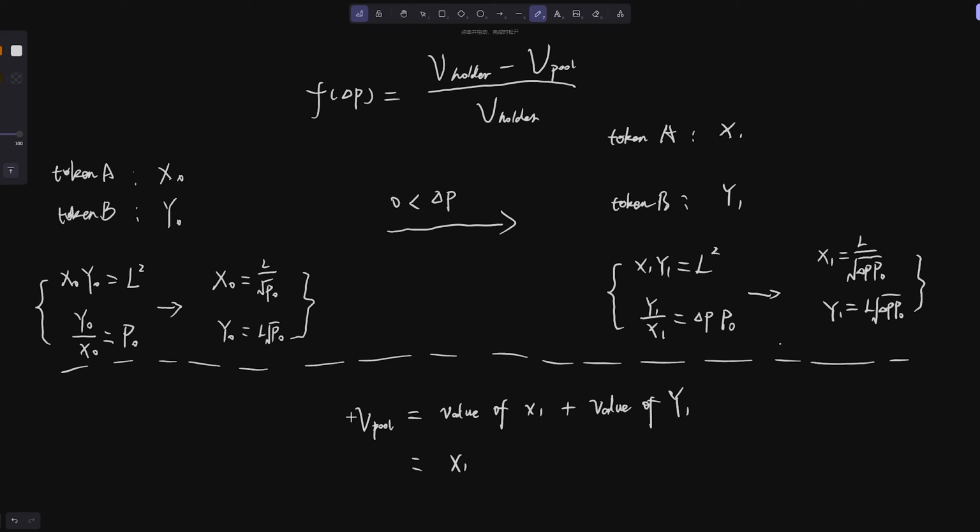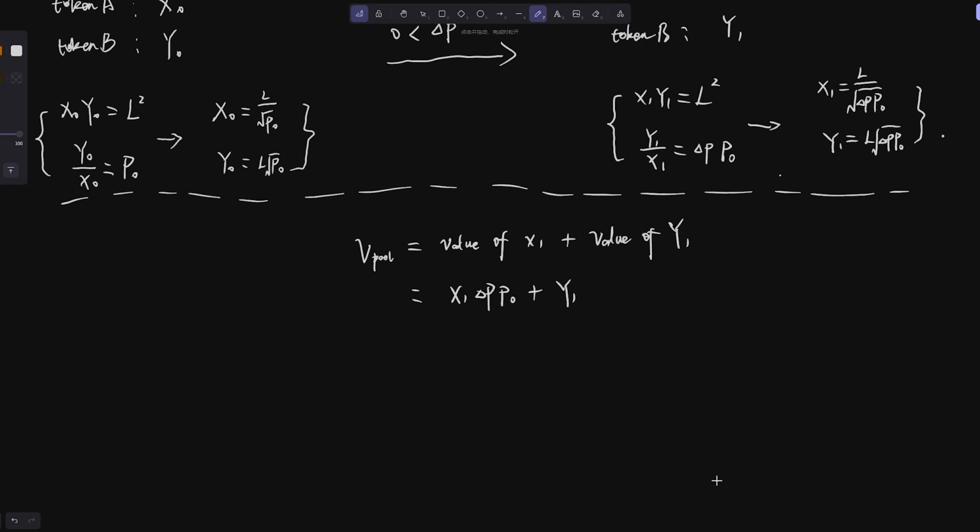The value of x1 equals x1 times the price, and the price is delta P times P0. And the value of y1 is y1. Now let's substitute these two expressions in here. We can get this final expression.